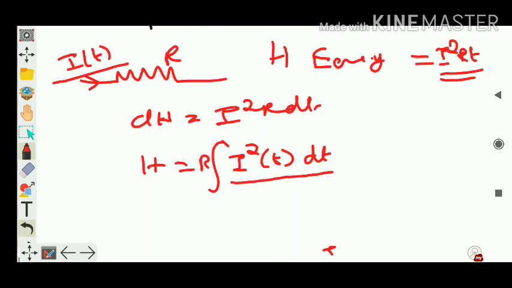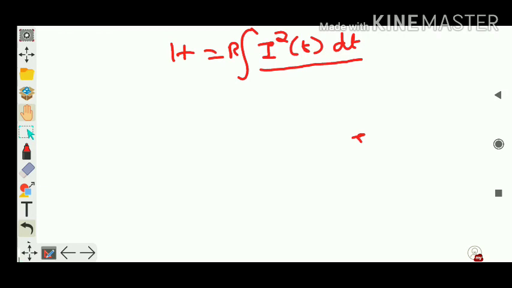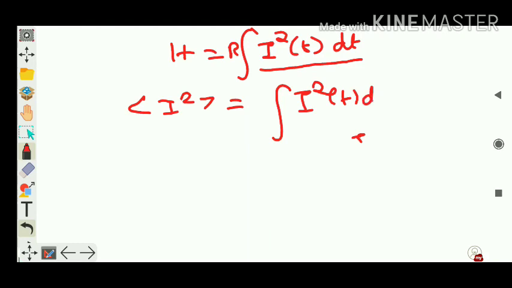Either you can directly integrate it, but there is a simpler way by using the answers you found in the earlier section. What was this value? The average of I squared was written as the integral of I squared of t dt, whole divided by the integral of dt. I had not written the limit, but it's okay.